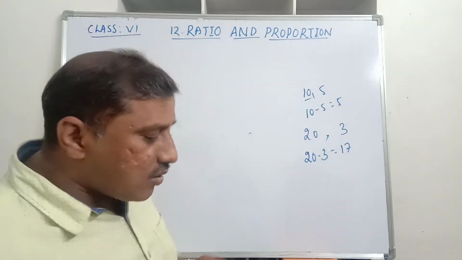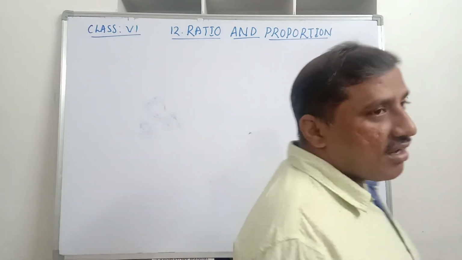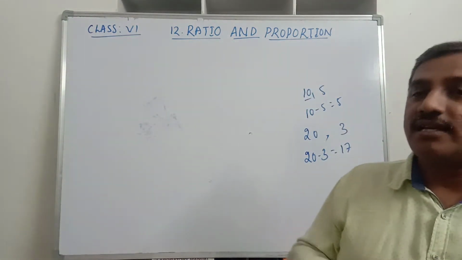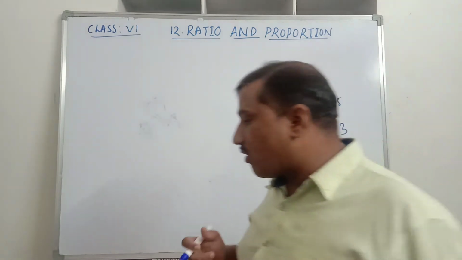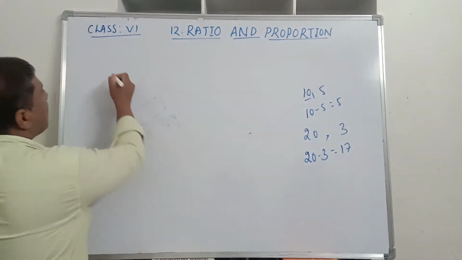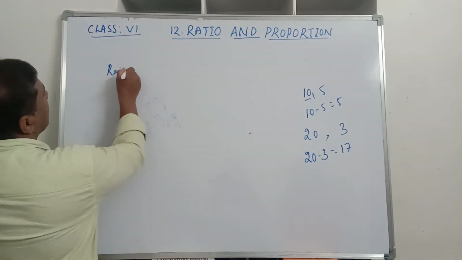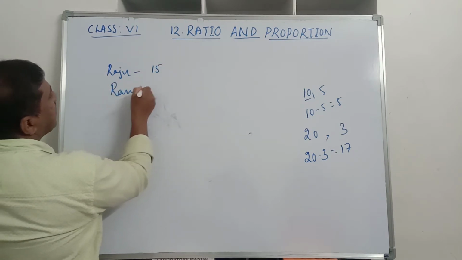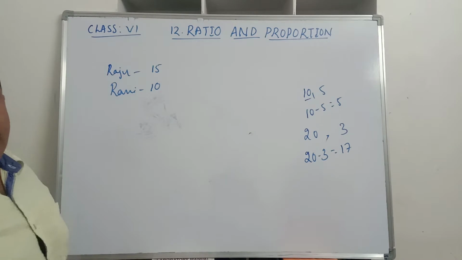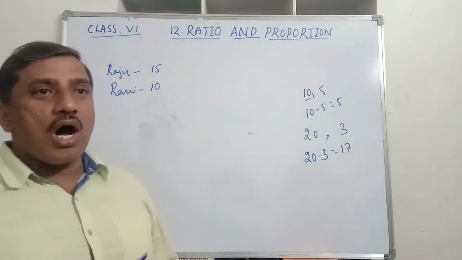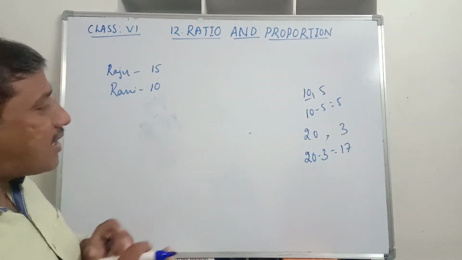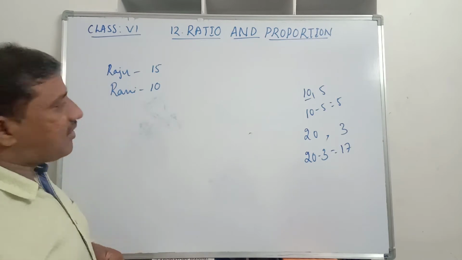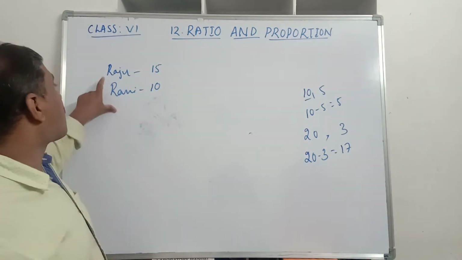For example, there are 2 students of class 6, Razu and Rani. They have collected some flowers for the scrapbook. Razu has collected 15 flowers and Rani has collected 10 flowers. So how do you compare them? Who has collected more flowers? Definitely it is Razu.